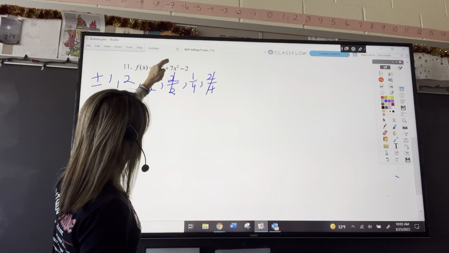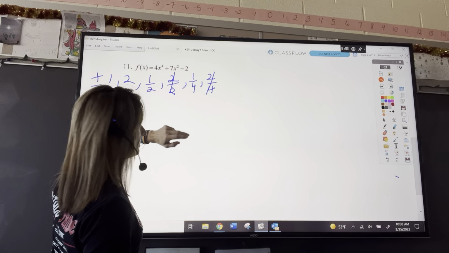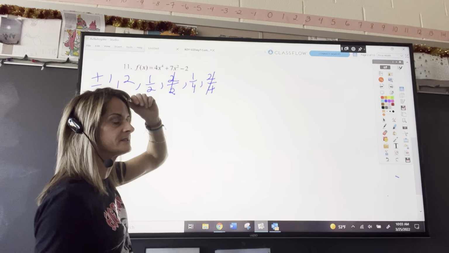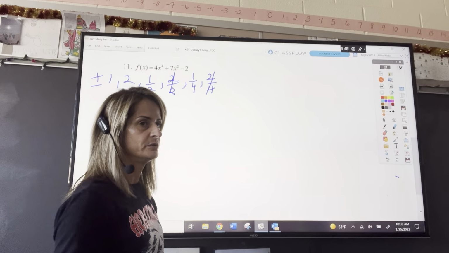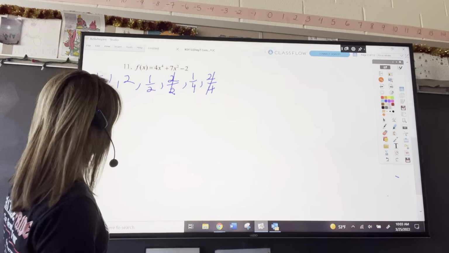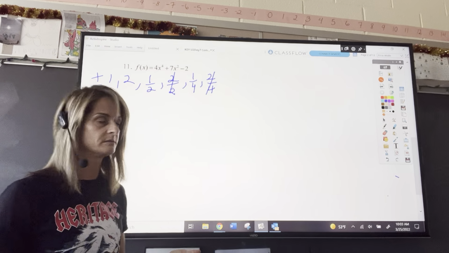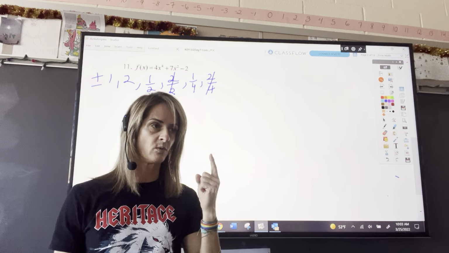But from this positive to this negative is a sign change. So that's one sign change for positive values, which means that we will have one positive zero. So if we take a guess on our zeros, we could pick one of the positive ones. And if that goes in evenly, we're not going to pick another positive one because we know there's only one.